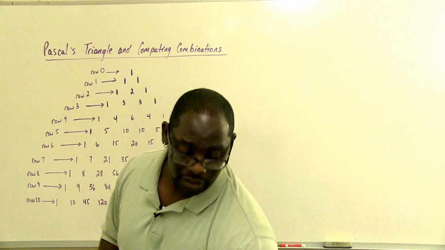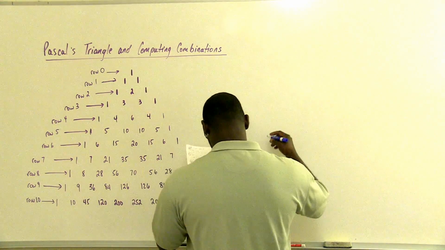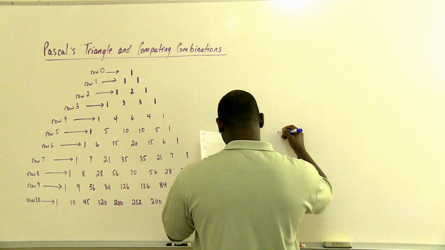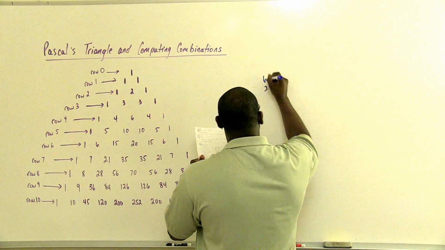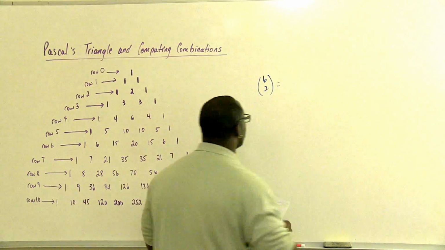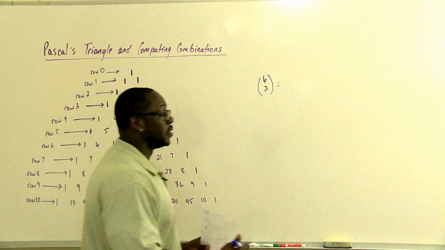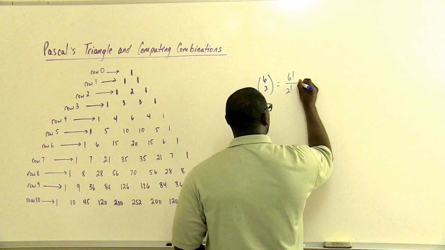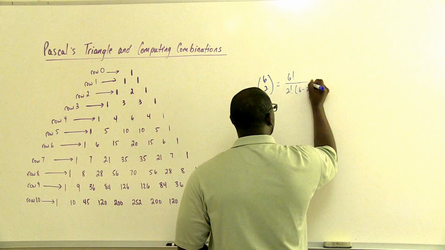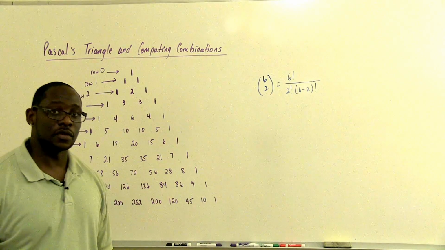So we look here and let's say we have this particular example. Let's say we do the combination of 6 things grouped 2 at a time. Well, normally what I would do is just say 6 factorial divided by 2 factorial times 6 minus 2 factorial.